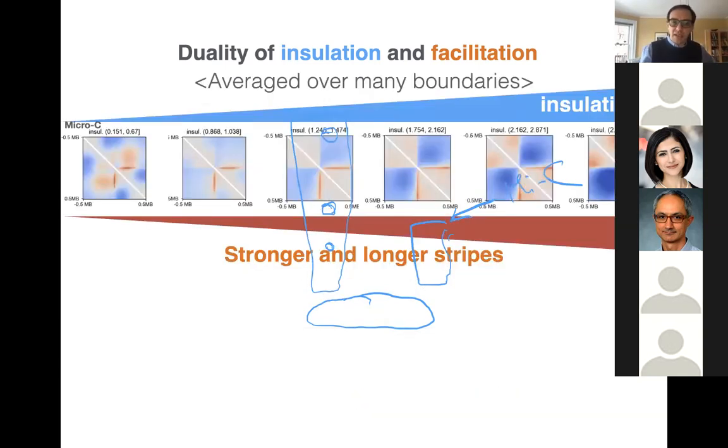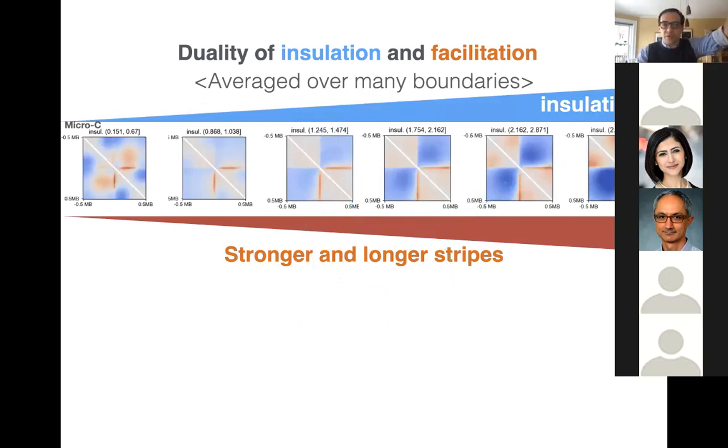And this duality of CTCF is evident if I start looking at CTCF clusters and I sort these clusters by their insulation. So they're sorted by insulation, and you see that this one is not really insulating. This one is weakly insulating. This one is strongly insulating, and so on. At the same time, you see that even weakly insulating ones start generating some stripes.